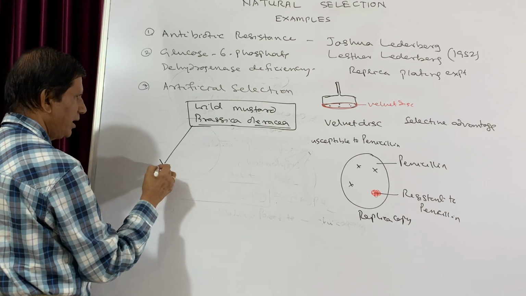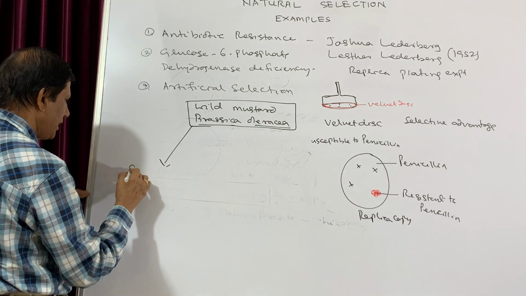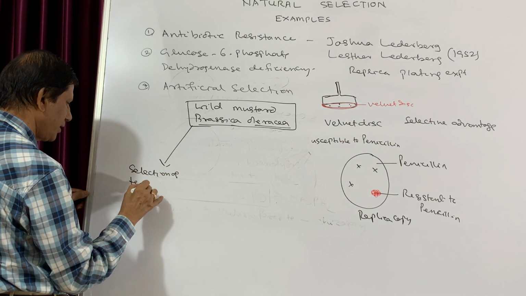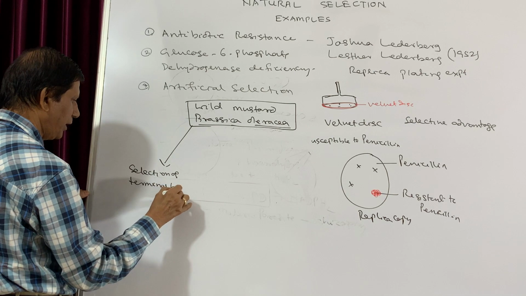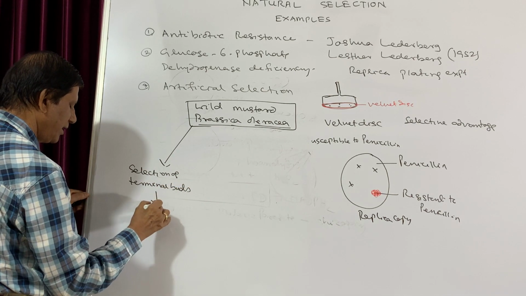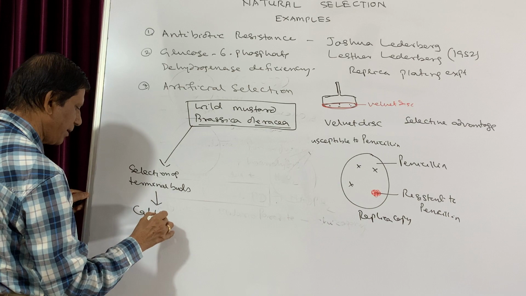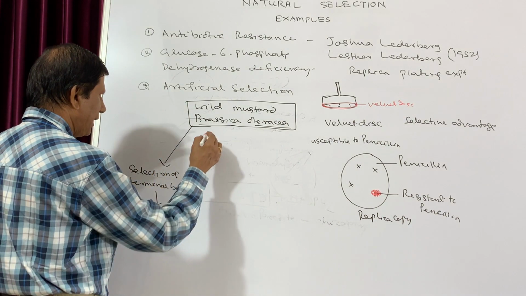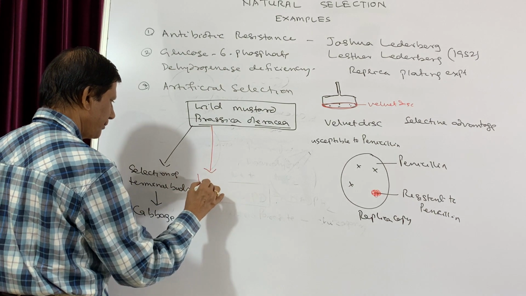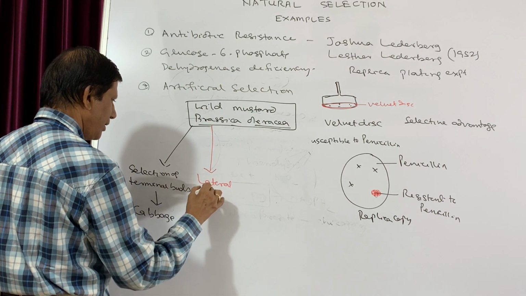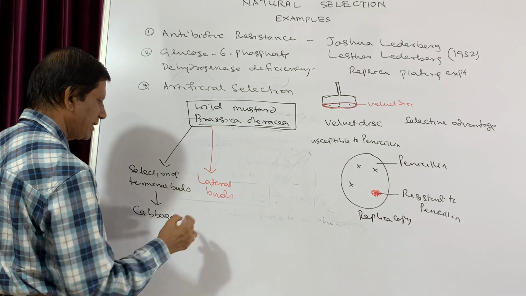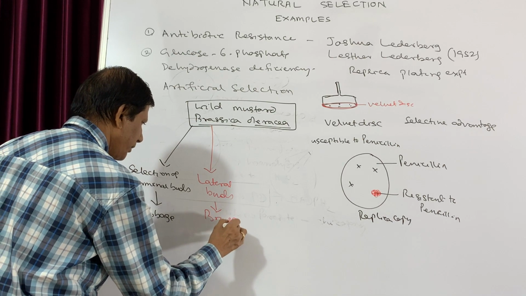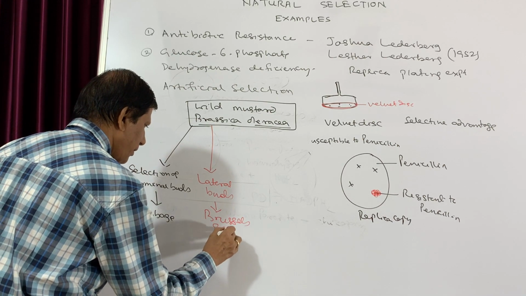If only terminal buds are selected, it gives rise to cabbage. If the lateral buds are selected, then we get Brussels sprout.